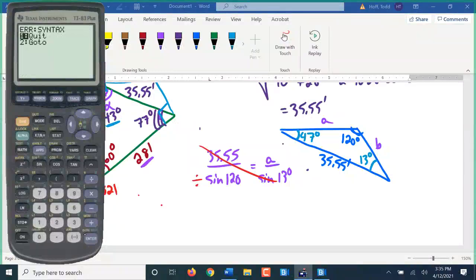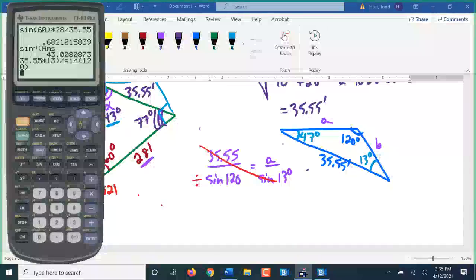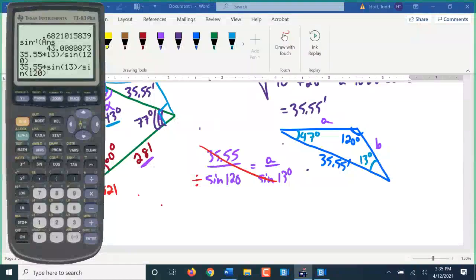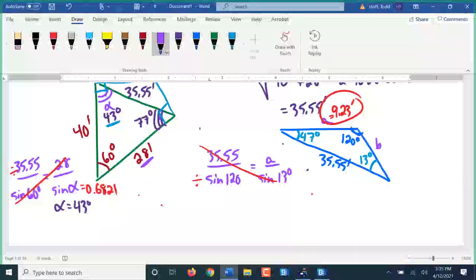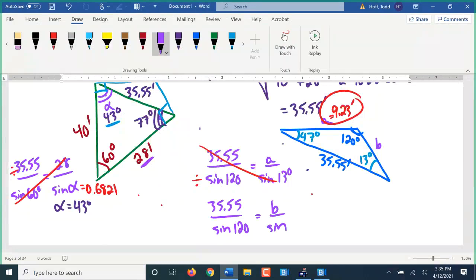Thus, 9.23 for A. B is going to be considerably larger, but it's going to be a similar proportion. 35.55 over sine of 120 over the sine of the angle.